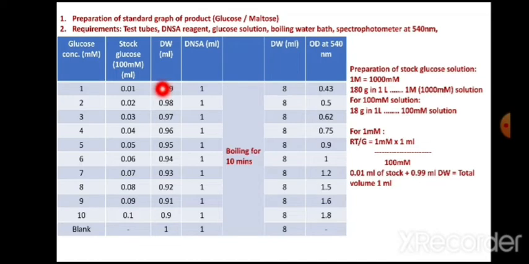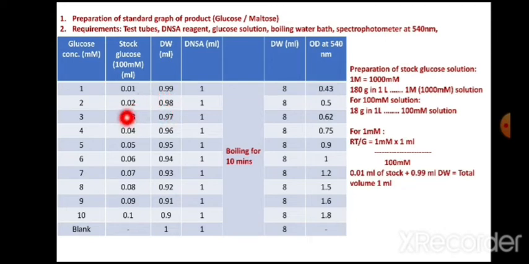This is how you have to repeat it for this. So here required is 2, total is 1, given is 100, so it will be 0.02. And in order to make total volume of 1 ml, you have to add 0.98 ml of distilled water.